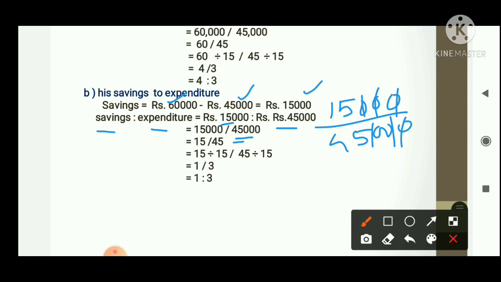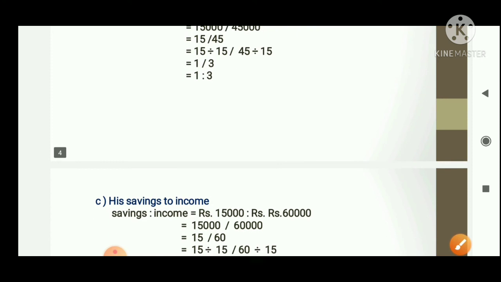Now its HCF, 15 and 45. Its HCF is 15. Now to reduce it into lowest term, we divide both the terms by their HCF. So here we divide 15 by 15 and 45 by 15. By dividing 15 by 15 we get quotient 1, and by dividing 45 by 15 we get quotient 3. So its ratio is 1:3. So his saving to expenditure, its ratio is 1:3.